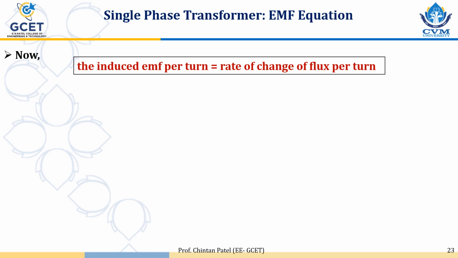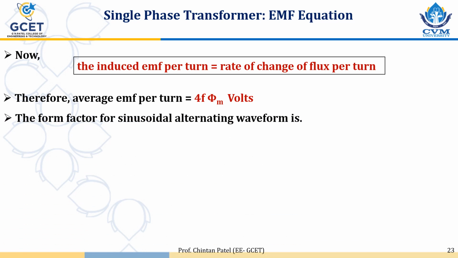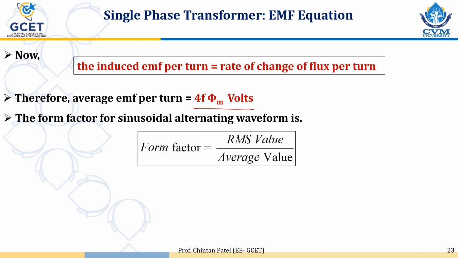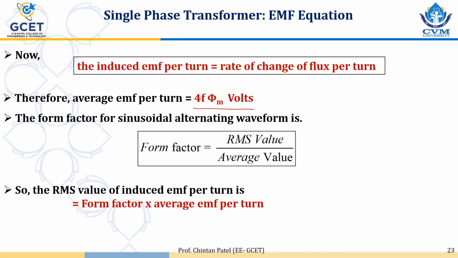If there is a single turn, then the induced EMF per turn is nothing but the rate of change of flux linkage per turn. That means the average induced EMF is equal to 4f phi m volts. The form factor for a sinusoidal alternating waveform is the ratio of RMS value to average value, and its value is 1.11.